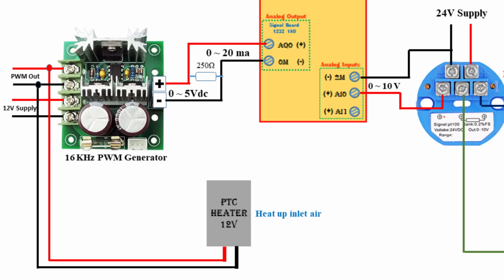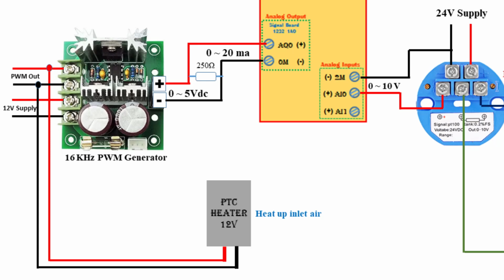The 0 to 5 volt DC signal is then sent as input voltage to the PWM power converter, which provides power output to the heater in the form of pulse width modulation. Thus, depending on the value of voltage input, the converter adjusts the duty cycle of its output power, which will determine the percentage of maximum power that will be provided to the heater.